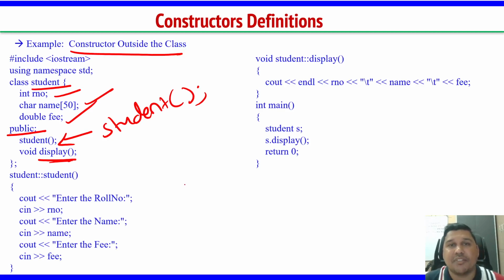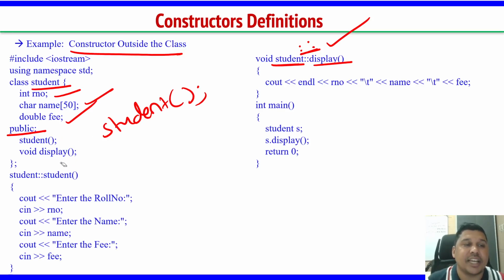In C++, if you want to define the body of member functions outside the class, simply use the class name, scope resolution operator, and function name. That way you can define the body outside.